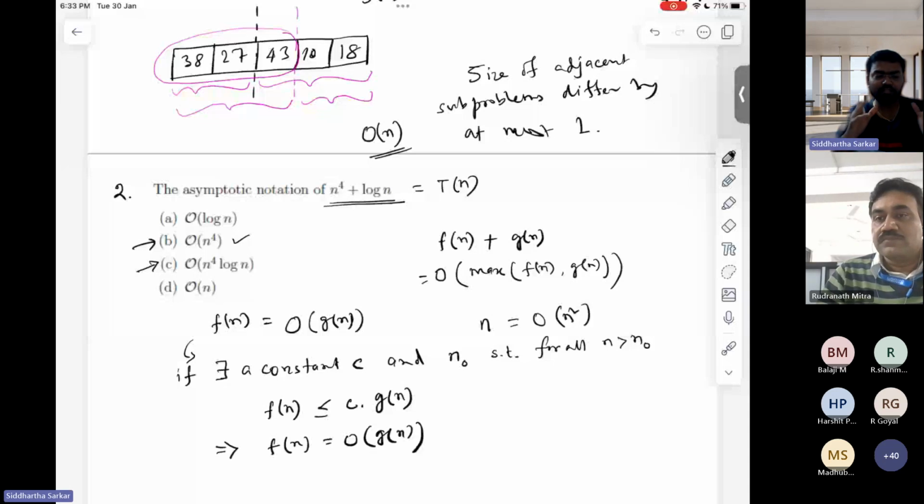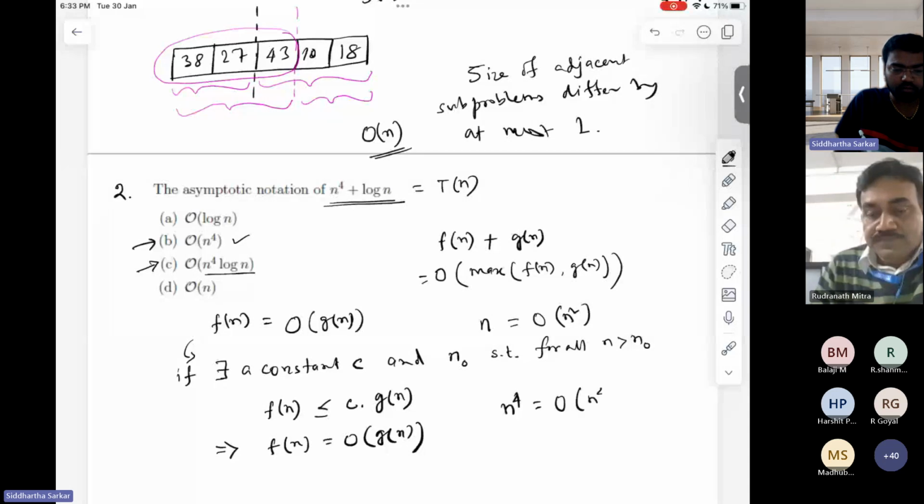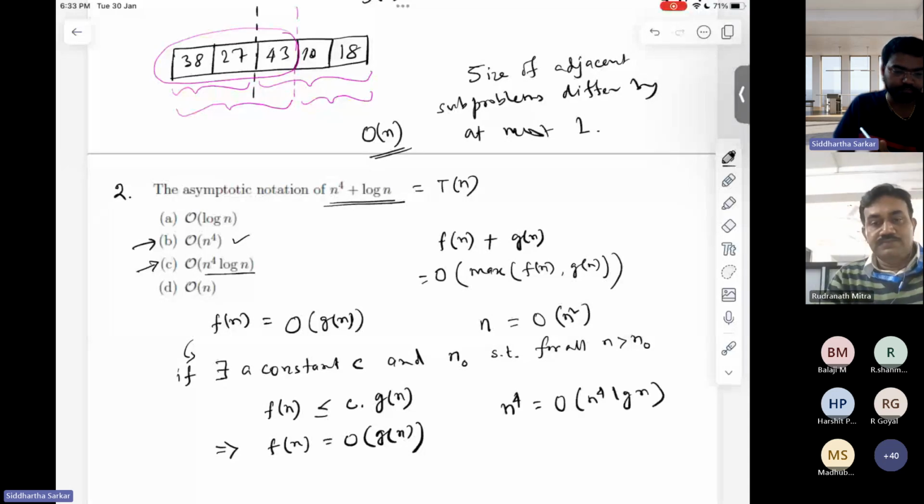So if g(n) is very large, like here, n to the power 4 times log n, then we can comfortably say that n to the power 4 is order n to the power 4 log n. That is fine.